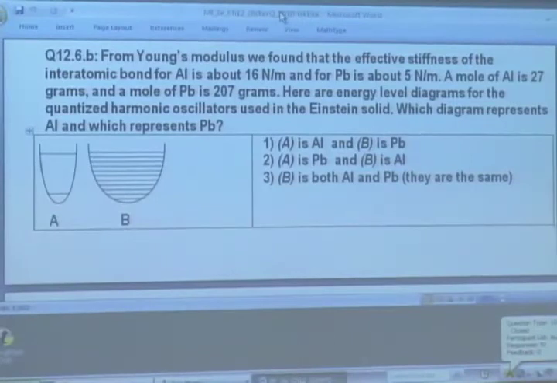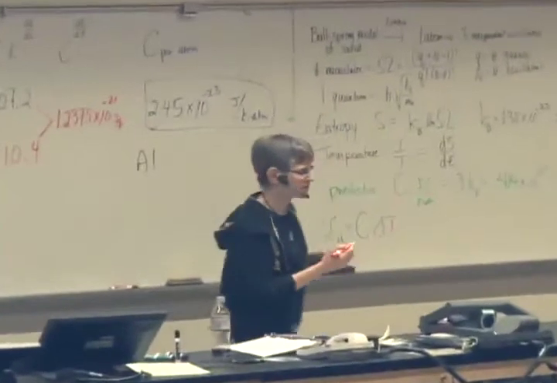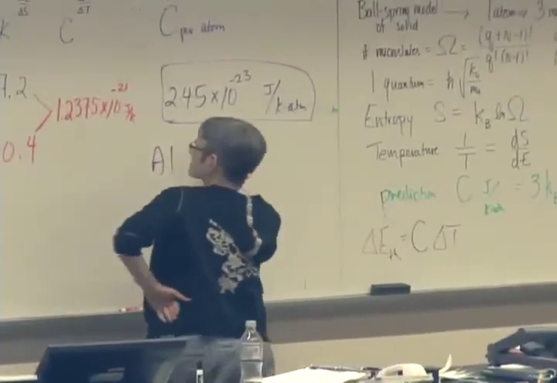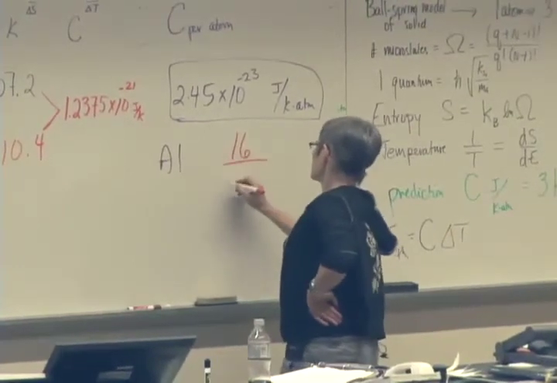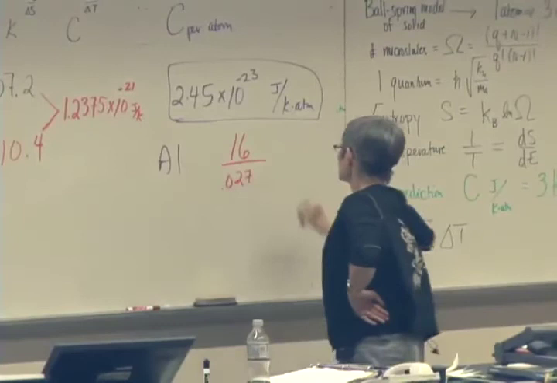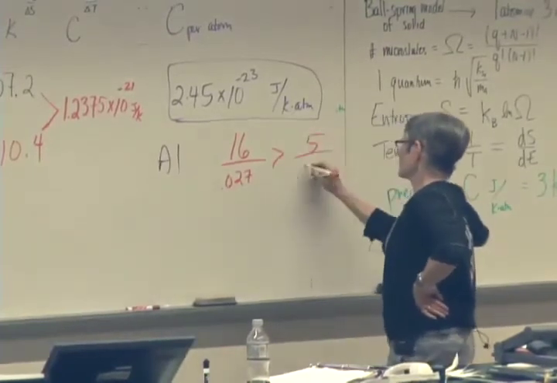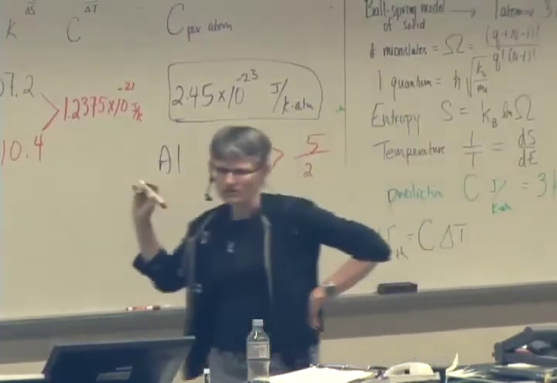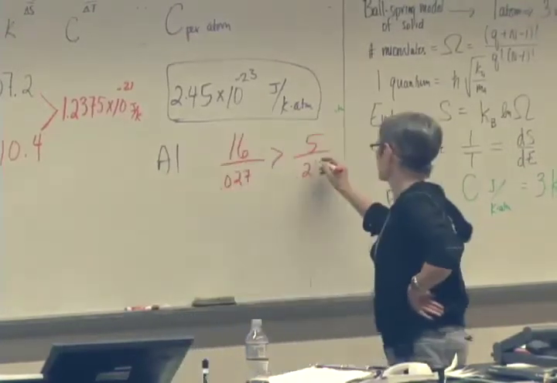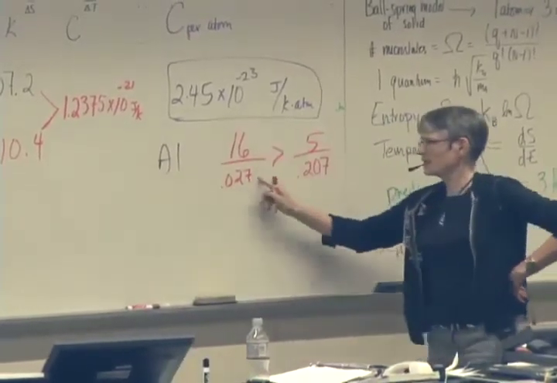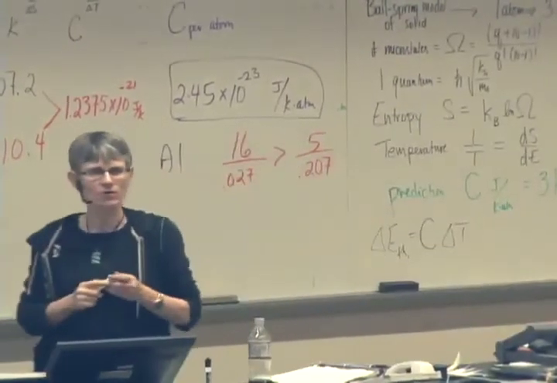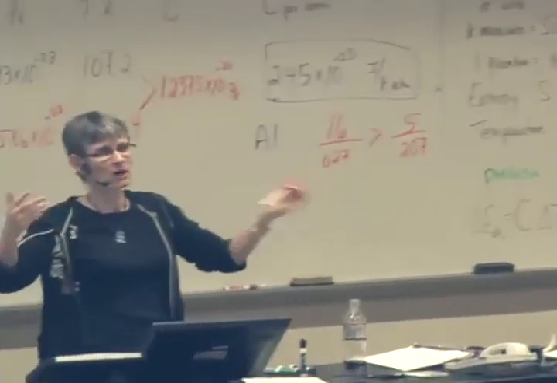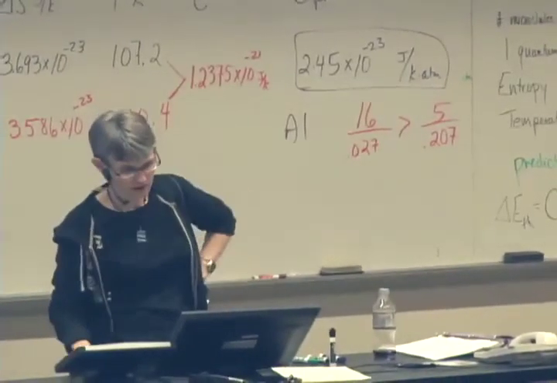That says that 1 quantum of aluminum is more joules than 1 quantum of energy for lead. So you're saying basically that 16 divided by 0.027 is going to be a bigger number than 5 divided by 0.207. A big number divided by a small number is bigger than a small number divided by a big number. So it looks like 1 quantum of energy for aluminum is just a lot more energy than it is for lead.